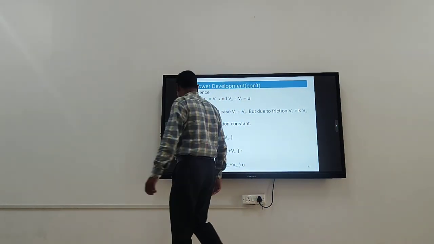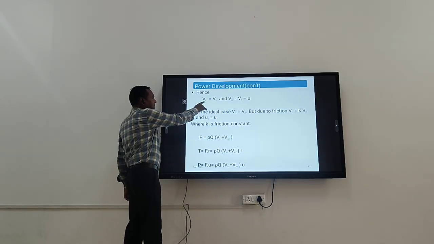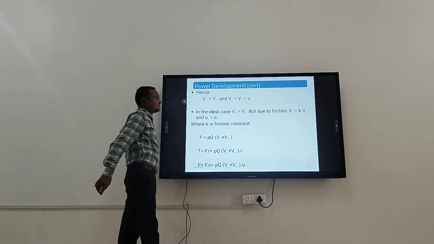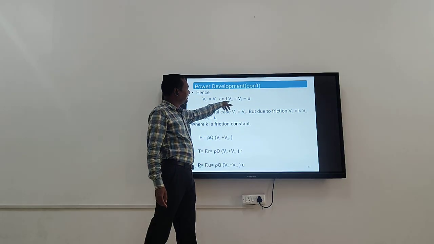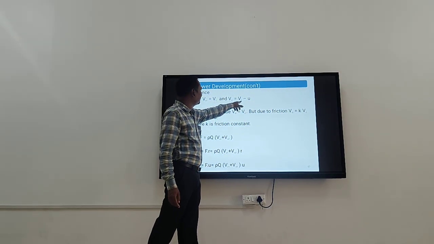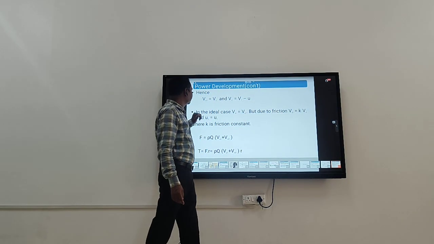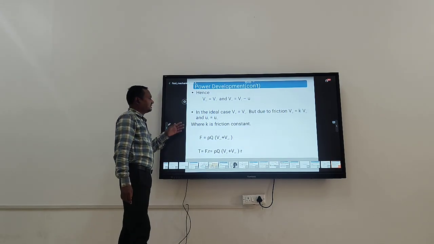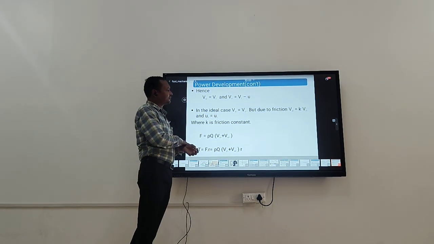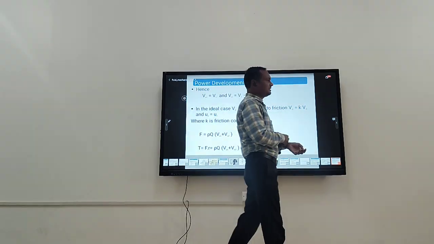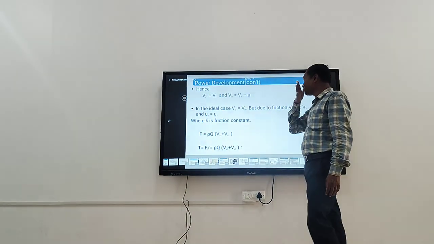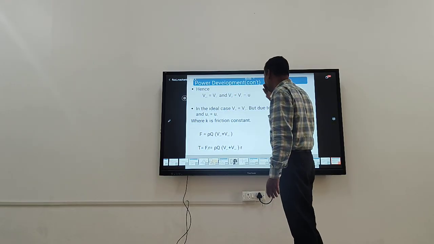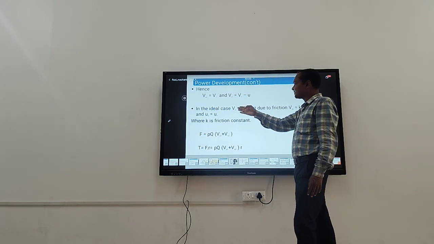Here you can see from the velocity diagram, VU1 and V1 are the same. So the relative velocity at the inlet is equal to V1 minus U. Next, in the ideal case, VR2 is equal to VR1. That means the relative velocity at the inlet is equal to the relative velocity at the outlet, and U2 is equal to U1.